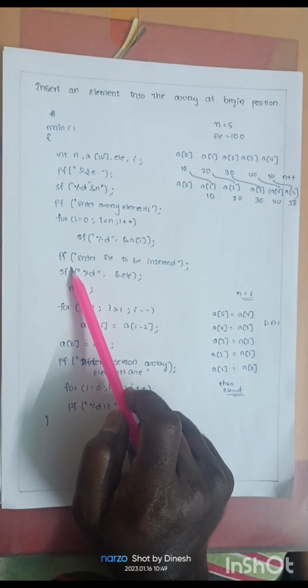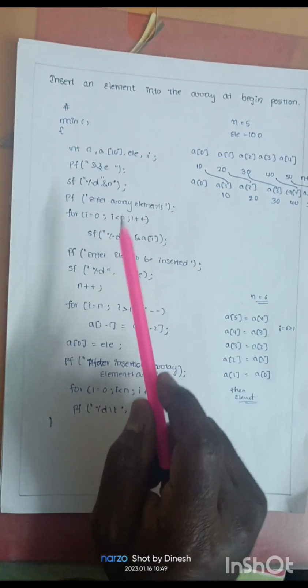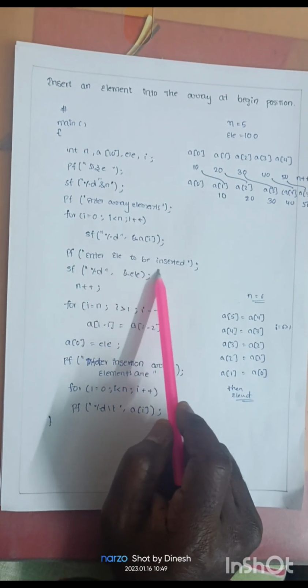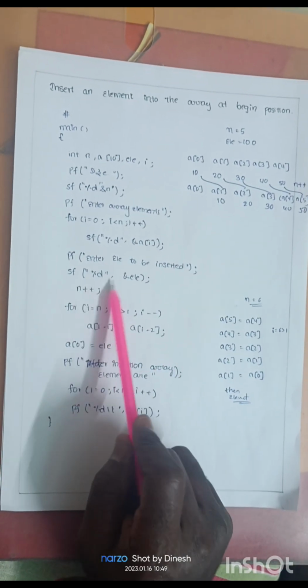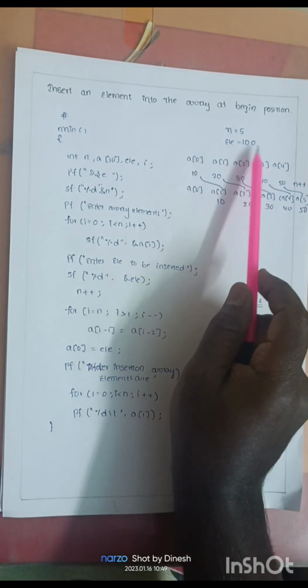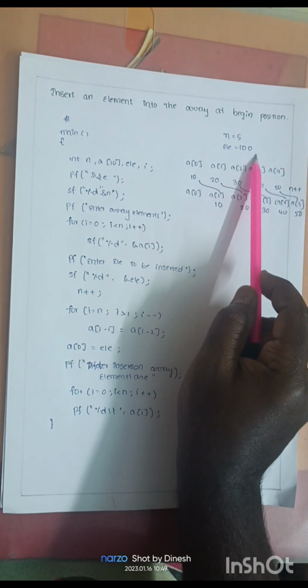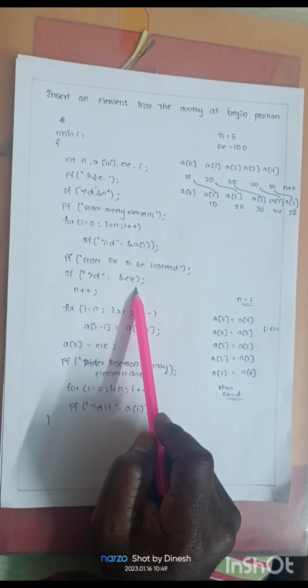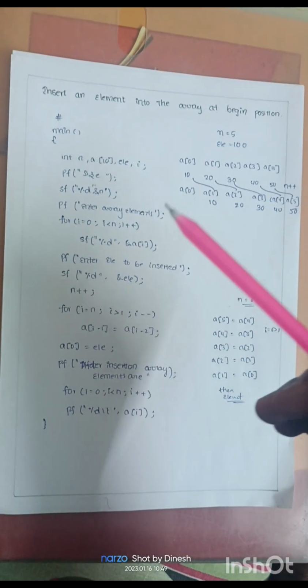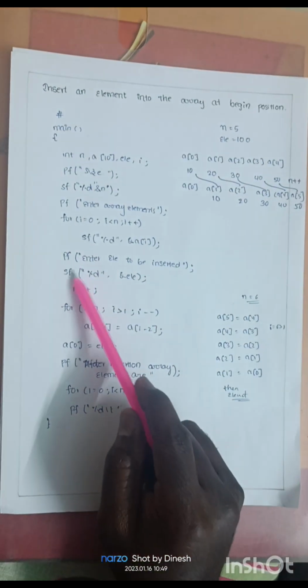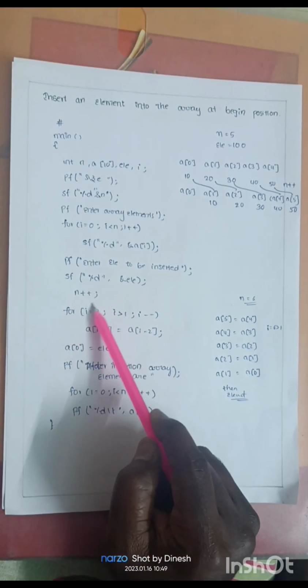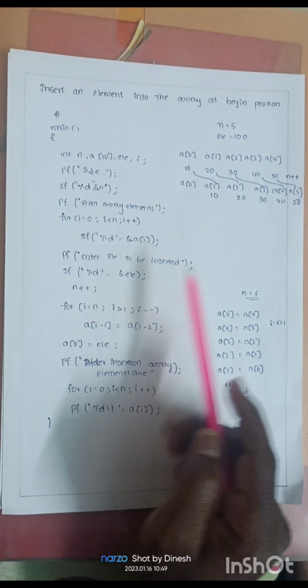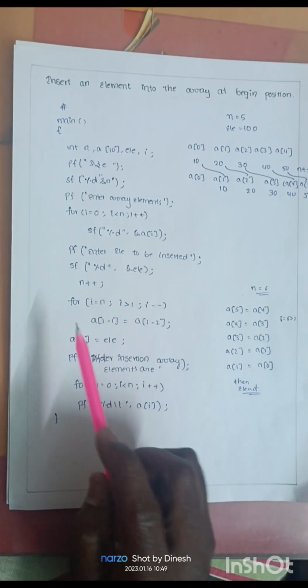Then we have to insert one element at begin position: printf "enter element to be inserted" and we have to read that value. For example, we enter 100 to insert at 0 location. After reading the element, we have to increase the size of the array, so size will be incremented, n plus plus, so n will become 6.